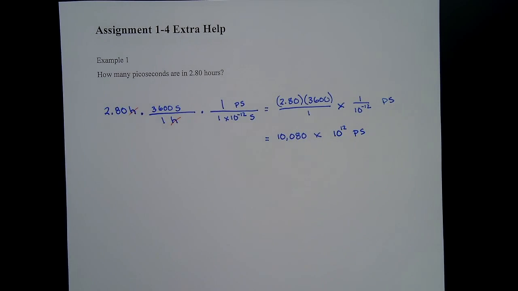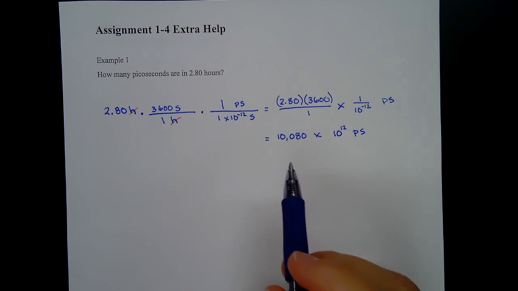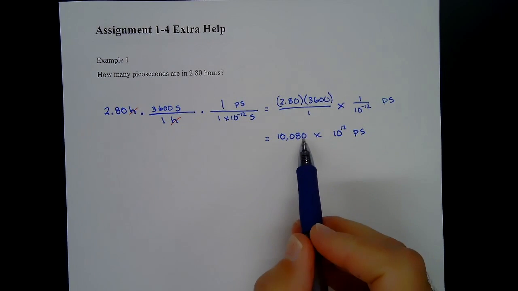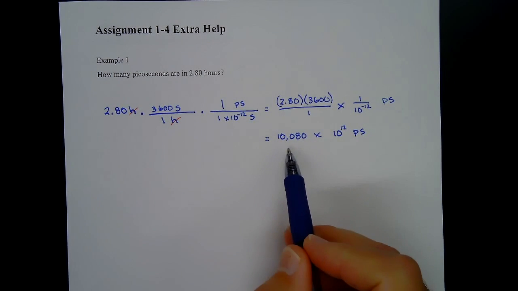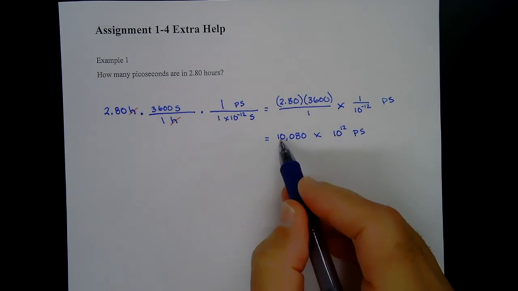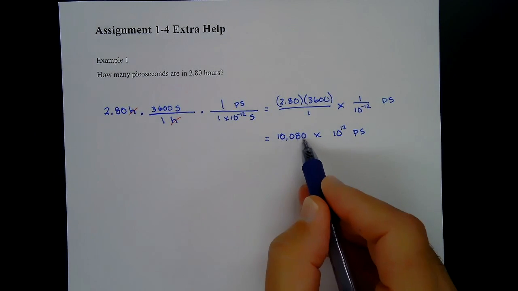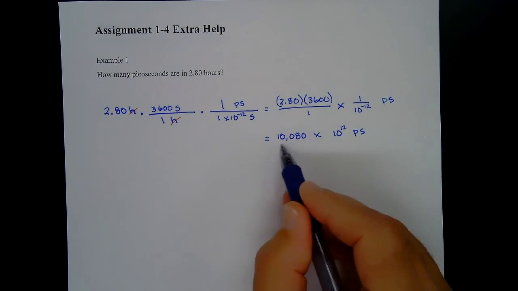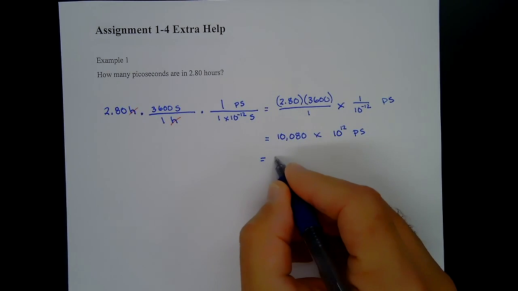We're not done yet, for 2 reasons. One reason is that this needs to be a number between 1 and 10, but under 10. It can't be exactly 10. So this needs to be a single digit before the decimal, so 1.0080, and we need to carry all of these places.